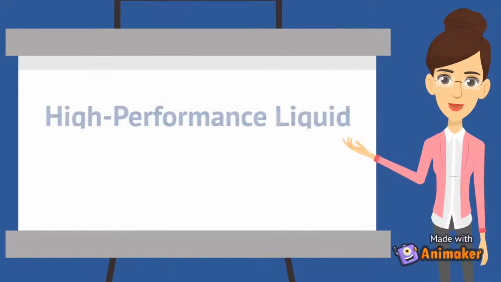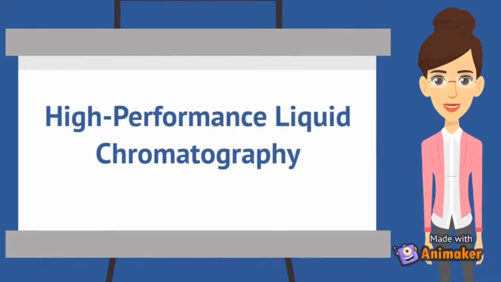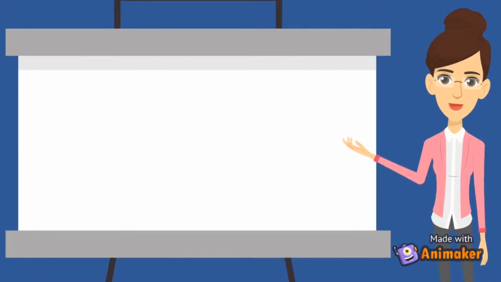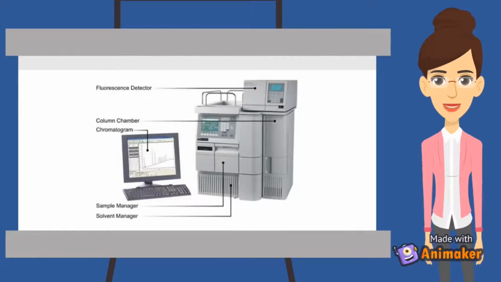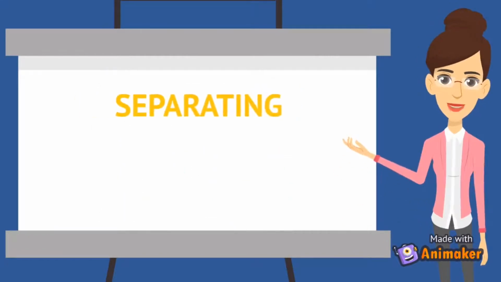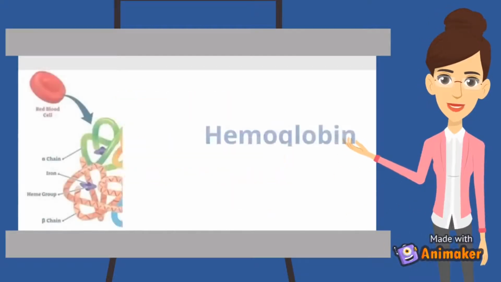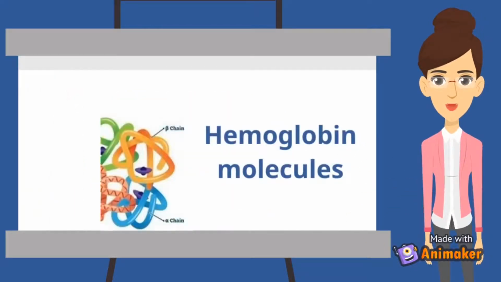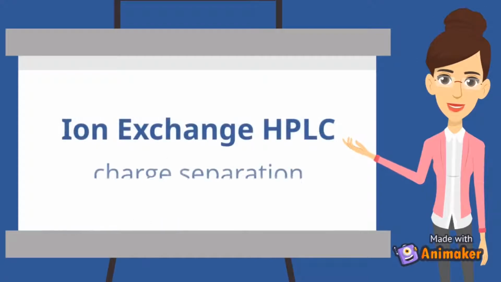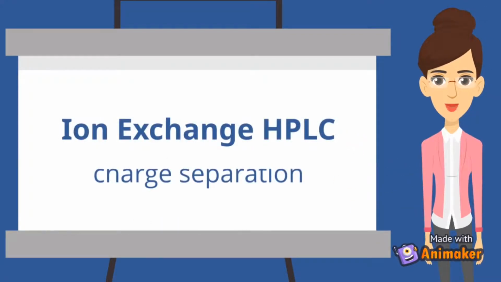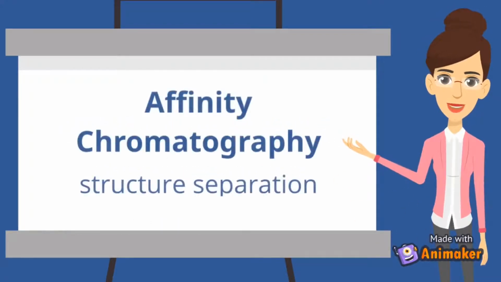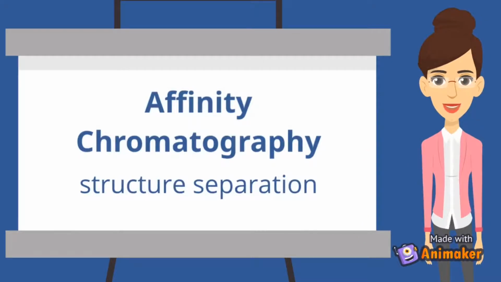HbA1c can be analyzed by using high-performance liquid chromatography (HPLC). HPLC is an analytical chemistry technique for separating, identifying, and quantifying each component of hemoglobin molecules. Separation is based on charge in ion exchange HPLC, whereas separation is based on structure in affinity chromatography.